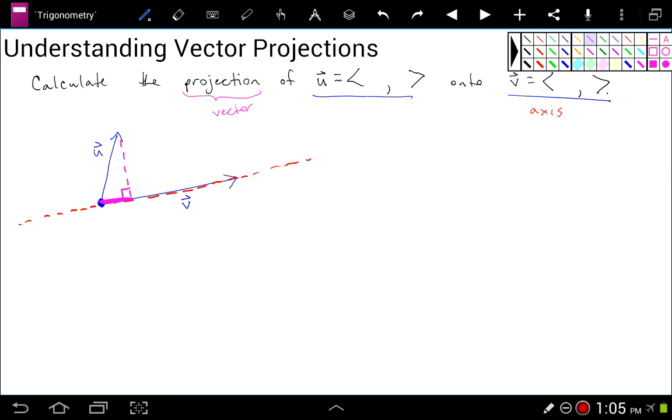So how do I turn it into one? Well, I simply give it a direction. So my vector is going to be pointing this way. So my projection vector has the same starting point as u and v, and it ends at the tip of this actual projection of u onto the axis. Okay, so that's pretty interesting.